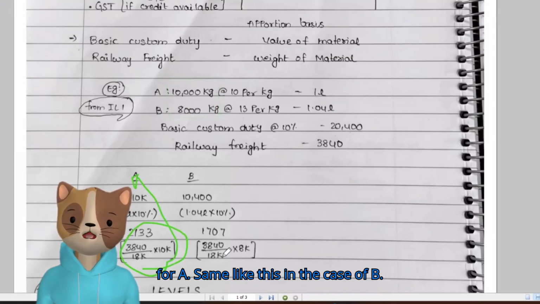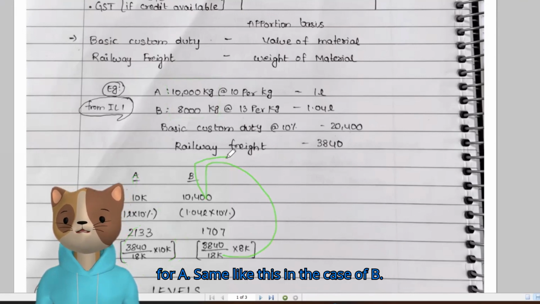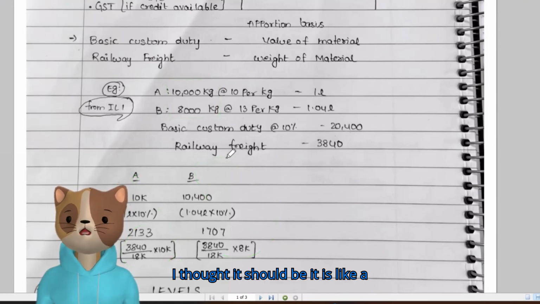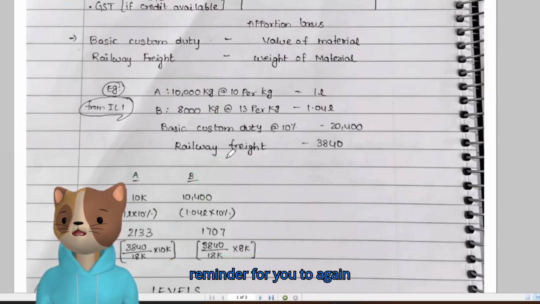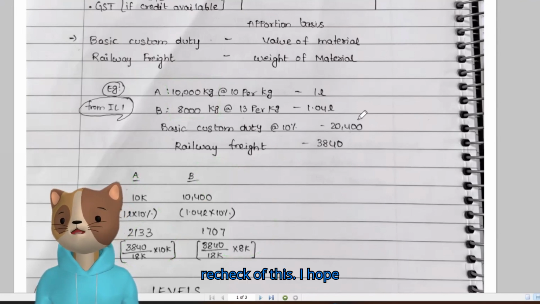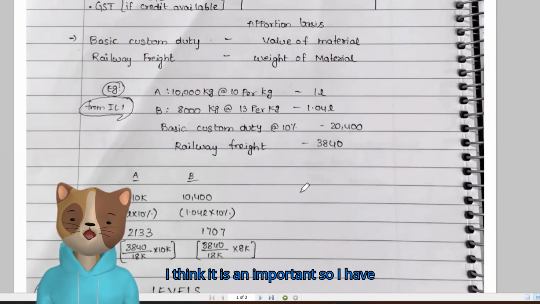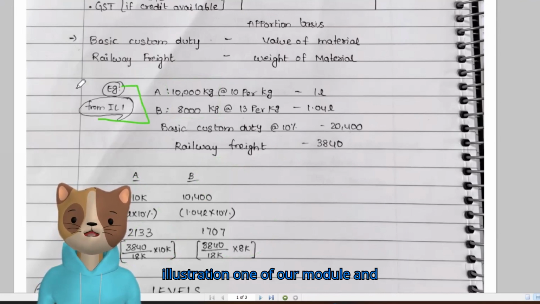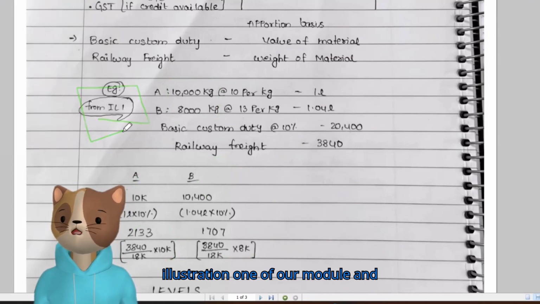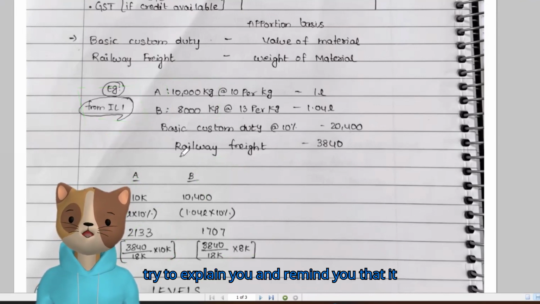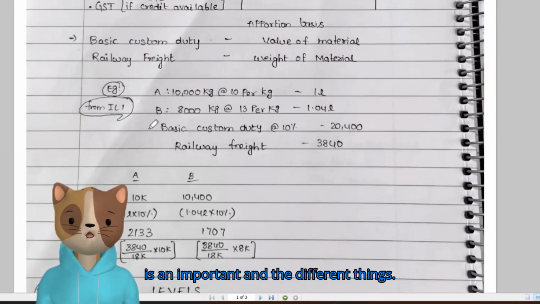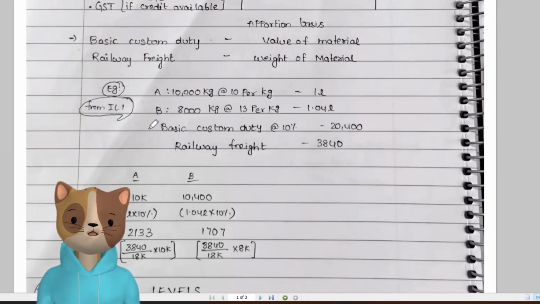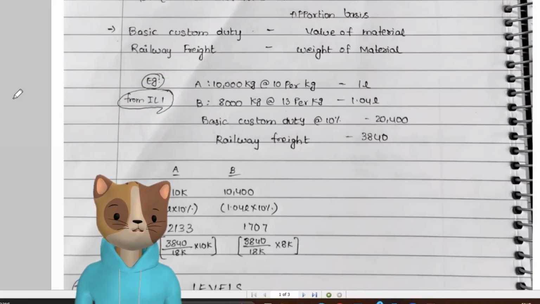You will get for A. Same like this in the case of B. I thought it is like a reminder for you to recheck this. I think it is important. So I have especially taken this from illustration one of our module and tried to explain and remind you that it is important.